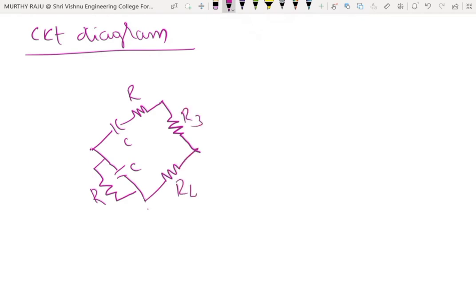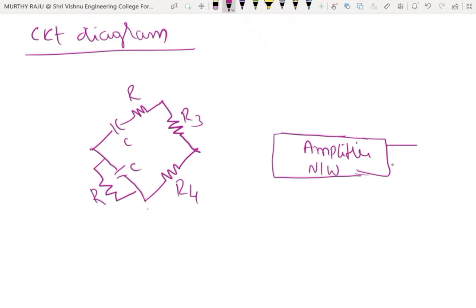R3, R4. This one is the amplifier network. The output of the amplifier is this, output V0.